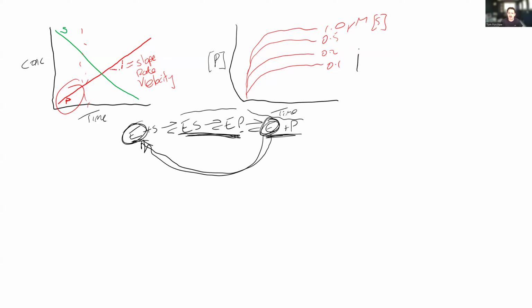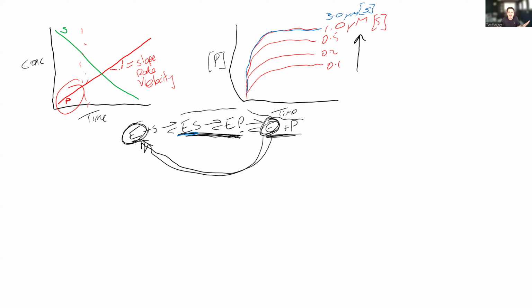And as we increase the concentration of substrate, we'll find that the rate of that reaction goes up faster. And it will keep going until eventually, maybe at a concentration of, let's say, 3 micromolar of substrate, it doesn't really increase anymore, because it just gets saturated so quickly that it doesn't matter if you add more.